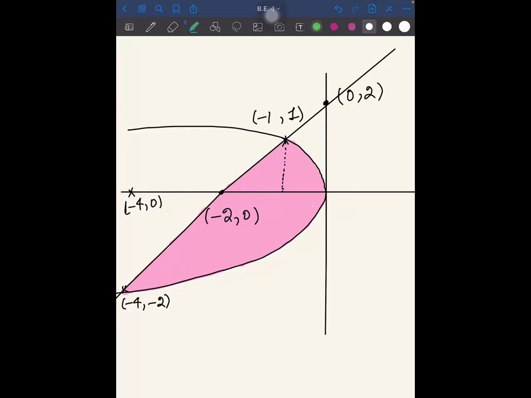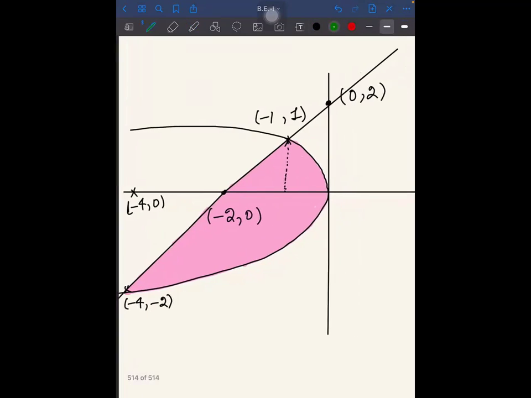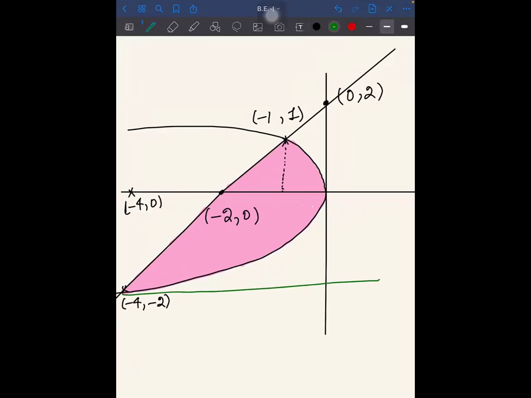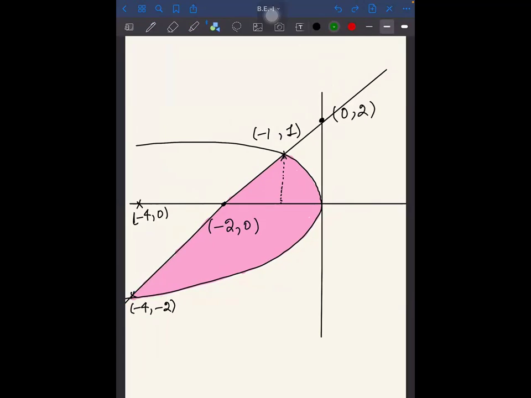Minus 2 and 1. So this is y equal to minus 2, and this is y equal to 1.